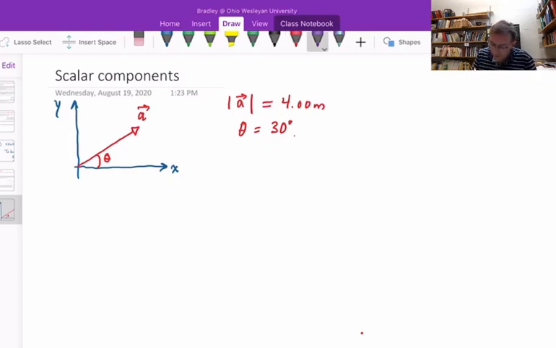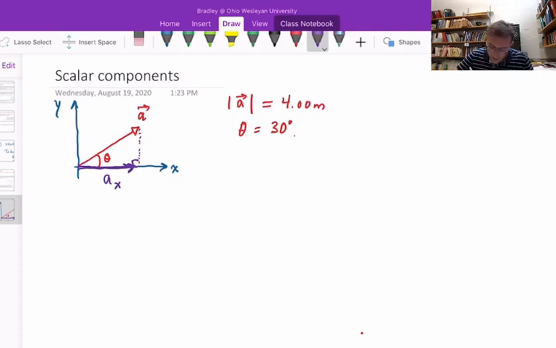Use purple for the components. You end up just drawing a right triangle. The vector is the hypotenuse, the components are the legs. But put little arrowheads on the components based upon the arrowhead of the original vector. So I'll just drop perpendicular down like that. That'll help me visualize. Start here and go across like so. That's a sub x. It's the projection of A along the x direction.